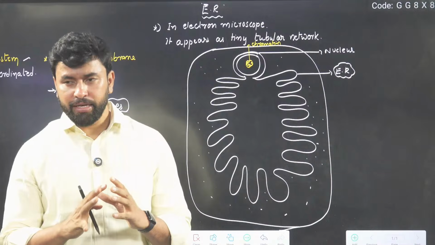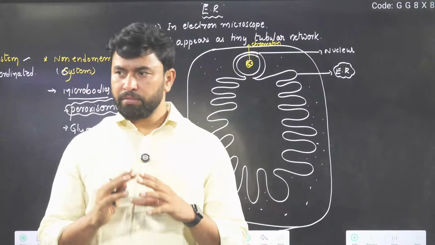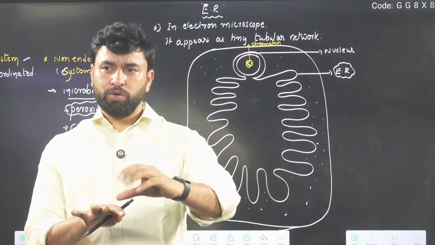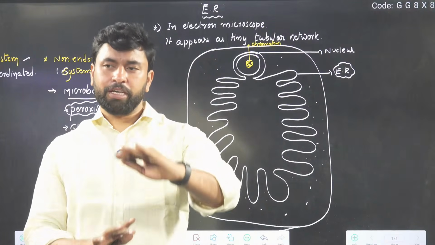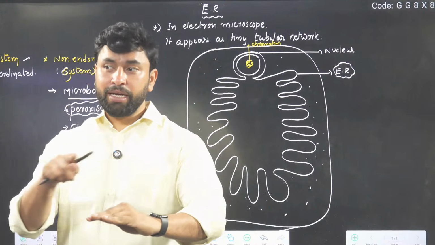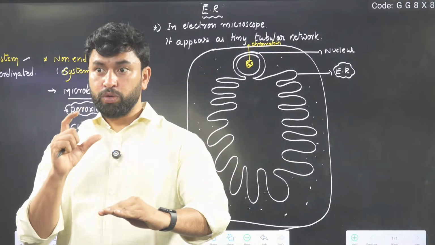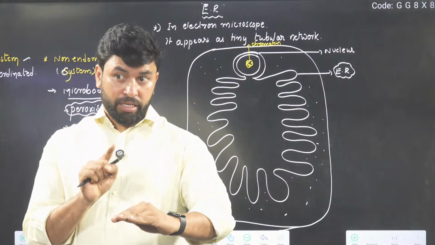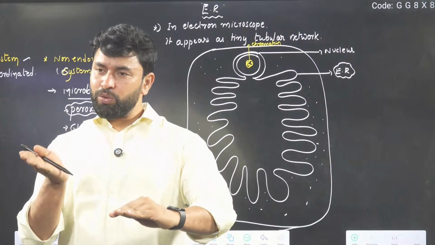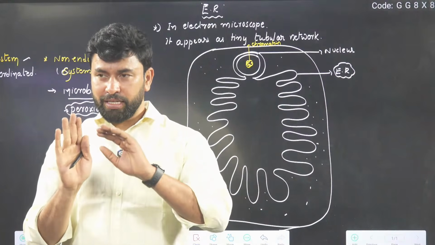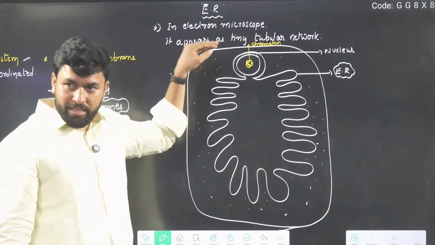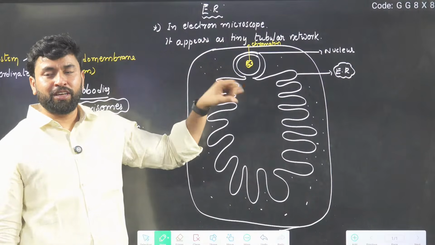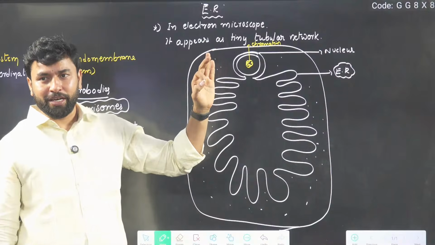To understand it better, take a balloon, blow it, keep it in a bucket and pour water. Don't make the balloon come up. Keep the balloon inside. Now in the bucket, you have two places: one is inside the balloon, that empty space, and outside the balloon, the watery place. Like that, I have a cell. Inside the cell, I have kept tiny balloon-like extensions. Those are called endoplasmic reticulum.